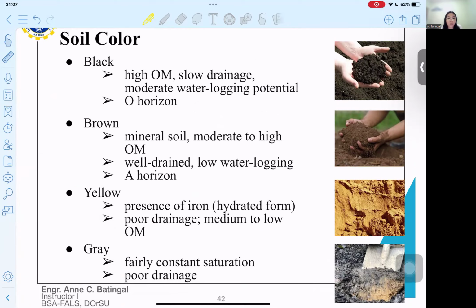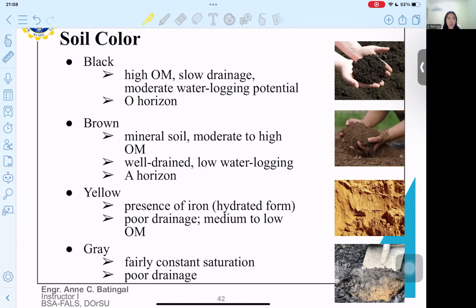Your brown colors indicate moderate to high organic matter with a combination of mineral soil. So it is characterized to be well drained, so the aeration is just right, with low waterlogging potential. So it is usually found in your A horizon, so mixtures of mineral and organic matter.